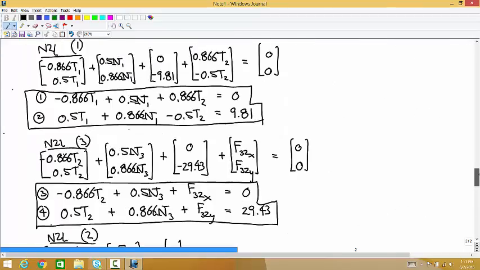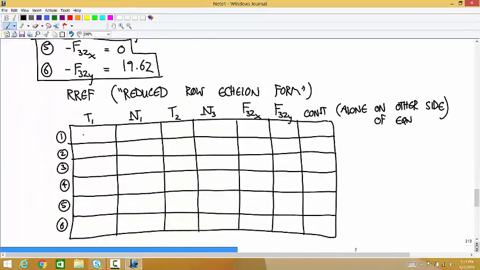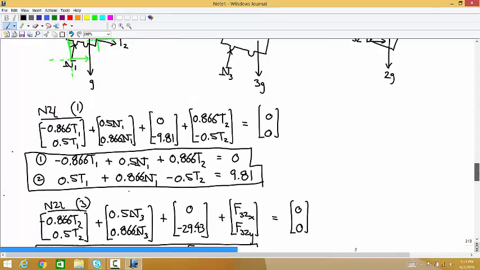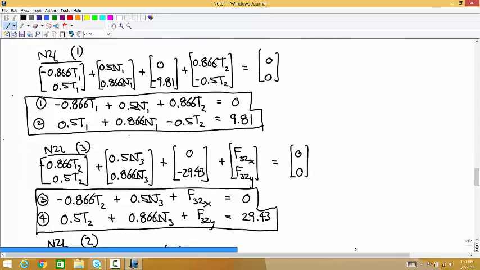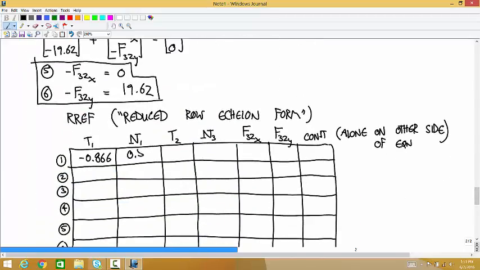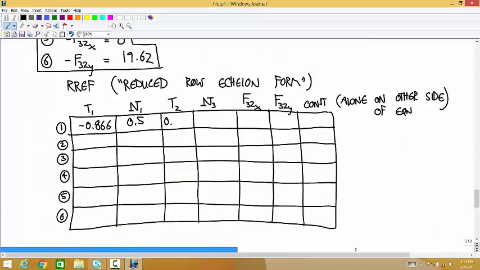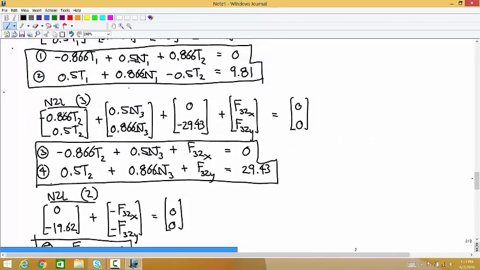So equation 1, T1s, we have negative 0.866. T2, we don't have. N1, we have 0.5. T2, we do have, positive 0.866. And we don't have any of these. And then the constant is 0.